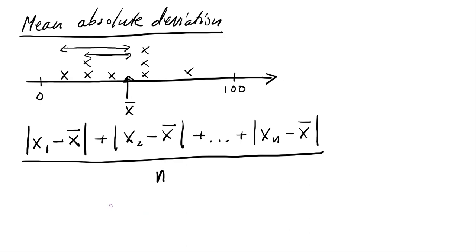So let's take a concrete example of that. Let's take an example of throwing a die 5 times. Let's say I got 4, 1, 6, 4, and 5. So what is the mean absolute deviation in this dataset?